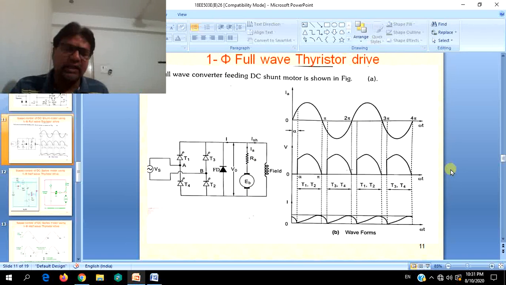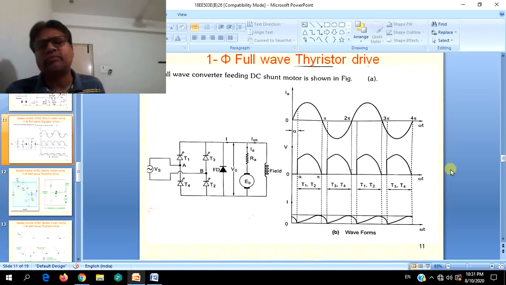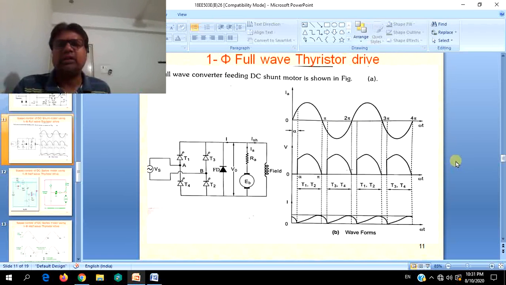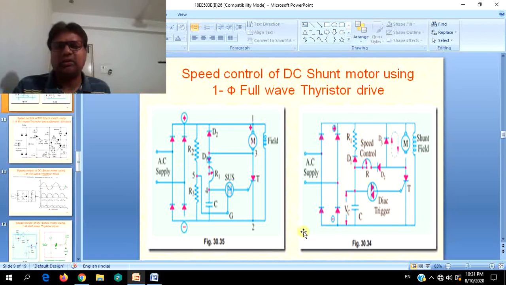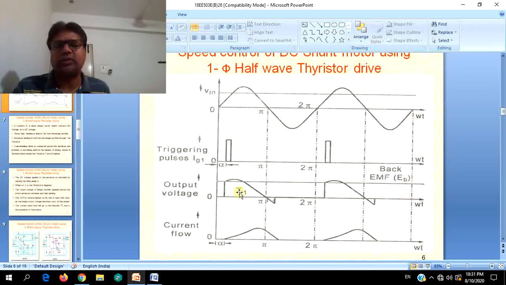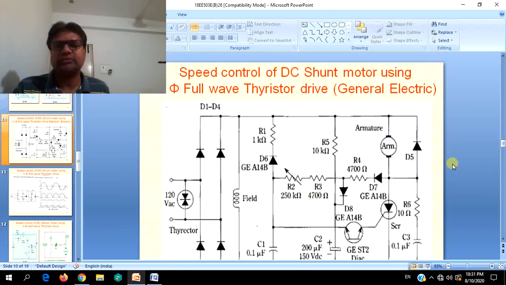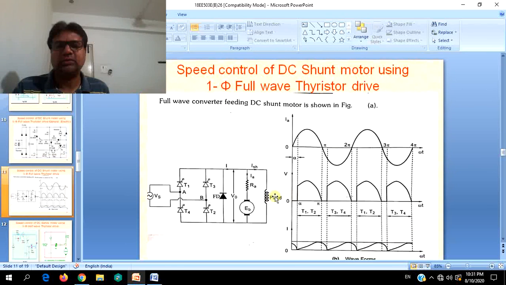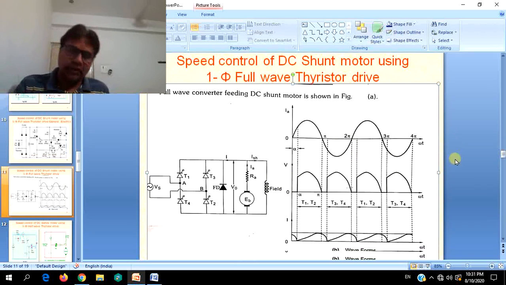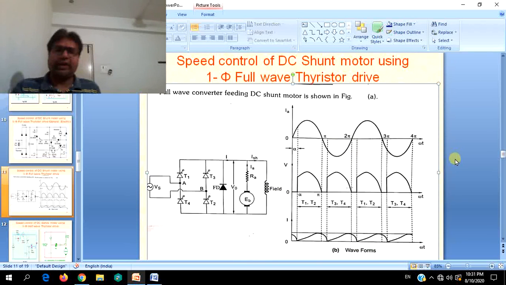So any type of circuit can be used for speed control. In our syllabus, you will mainly have the full wave thyristor drive with fully controlled circuits, where full wave is allowed to enter the armature.